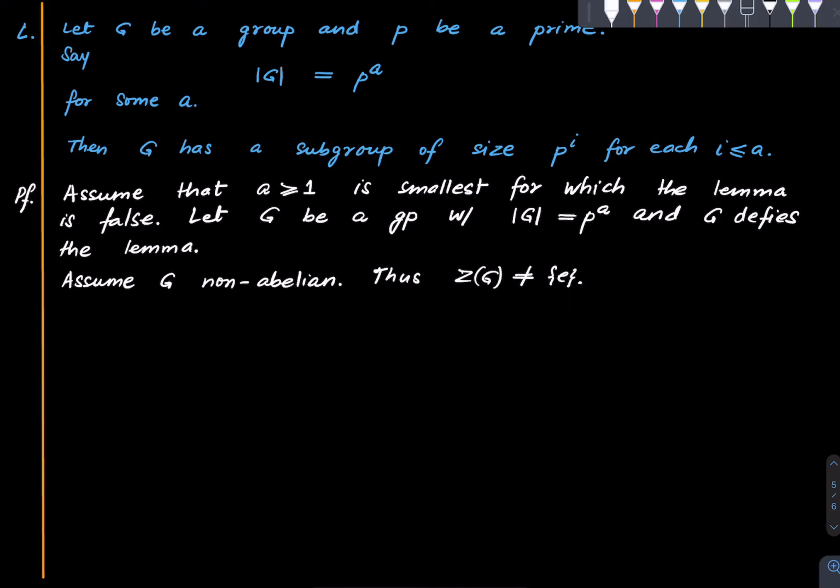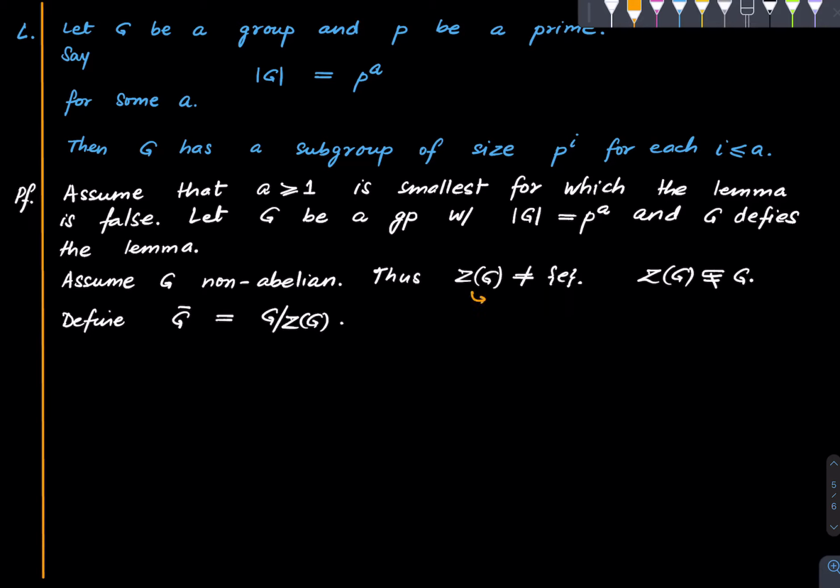But at the same time, the center is a proper subgroup because G is non-abelian. So it's a proper subset of G. All right. Now define G bar as G mod Z(G). Then G bar has size some, let's say the center has size p to the k.